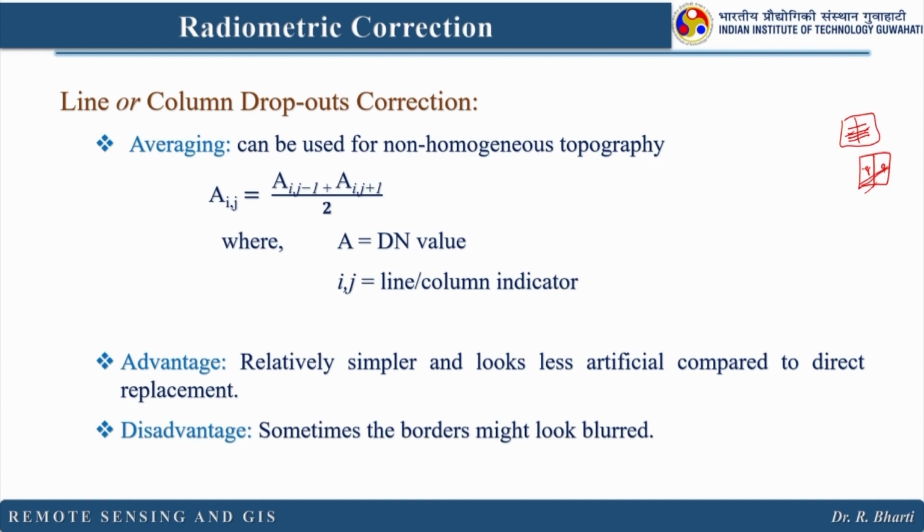This is the case because ultimately we have measured the image using a satellite or a sensor, and if that pixel value is missing, we cannot do anything with the sensor, or maybe measure those values again. If we measure those images again, then it is fine. But suppose you do not have that flexibility, then you have to somehow correct these errors and then utilize the data in your problem.